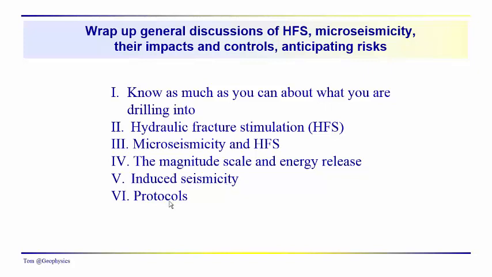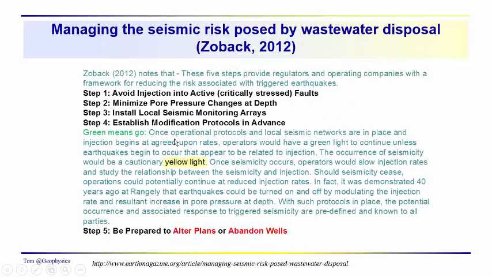Right now, what we want to do is just talk about some protocols that are probably common sense protocols at this point. Before we wrap up, Zoback provides a nice summary of these protocols that should be adopted in general. Based on the discussions that we've had, it's fairly obvious that you do not want to inject in active or critically stressed faults.